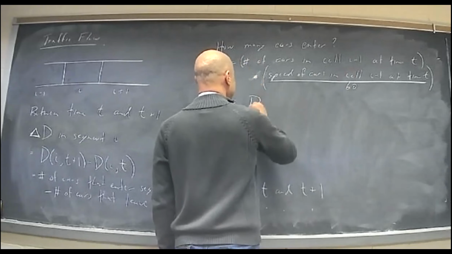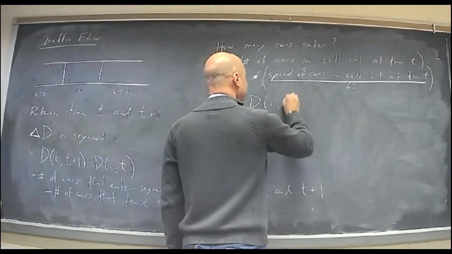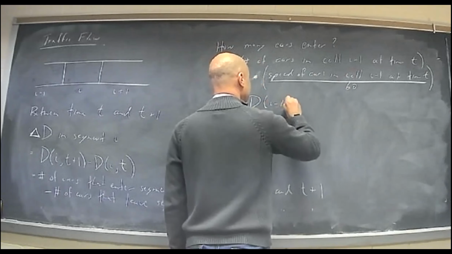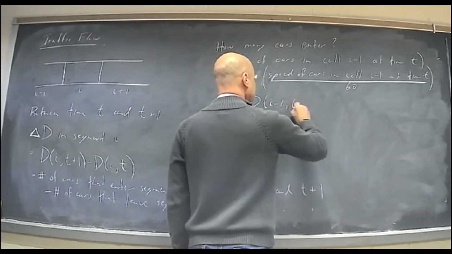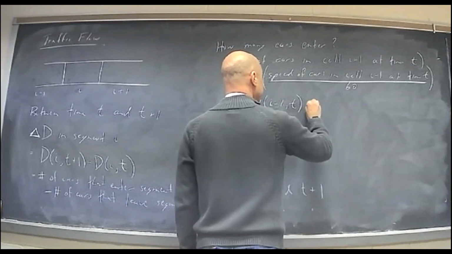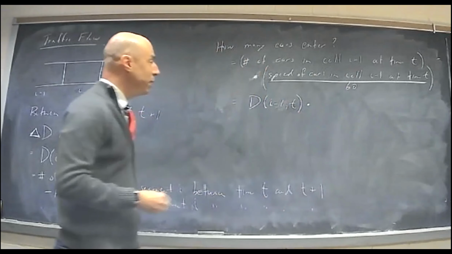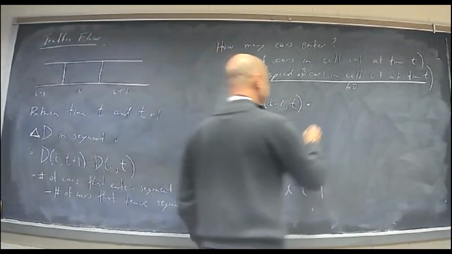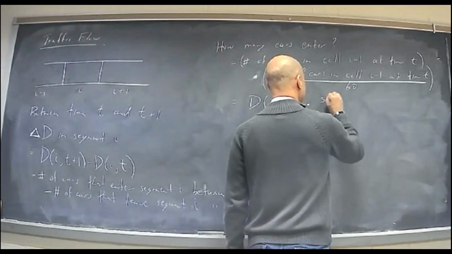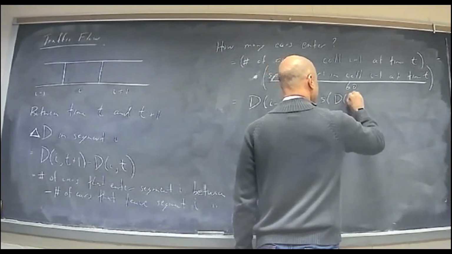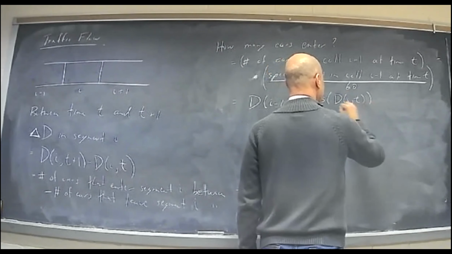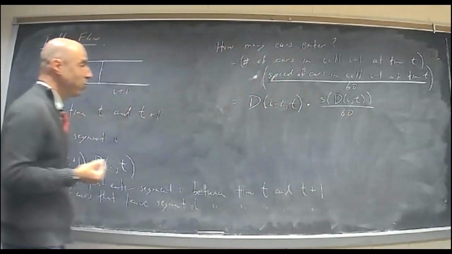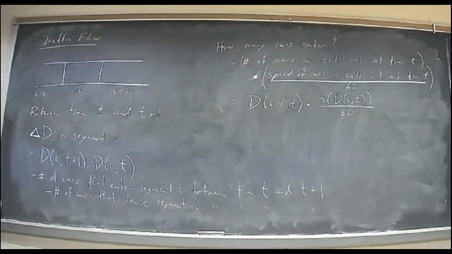So that's d_(i-1)(t) times the speed of d_(i-1)(t), divided by 60. The reason we're dividing by 60 is because we're going from miles per hour to miles per minute.